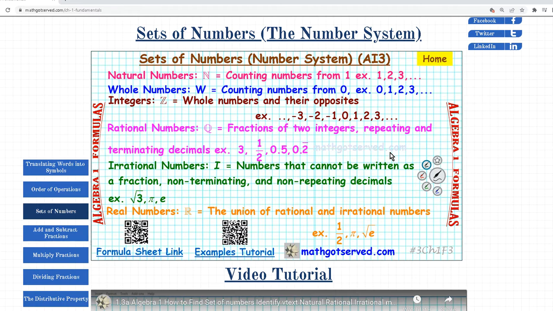Those all represent rational numbers. Irrational numbers are basically the set of numbers that cannot be written as a fraction of two integers. In decimal form, they are non-terminating and non-repeating. They just go on forever without any clear pattern in the digits.